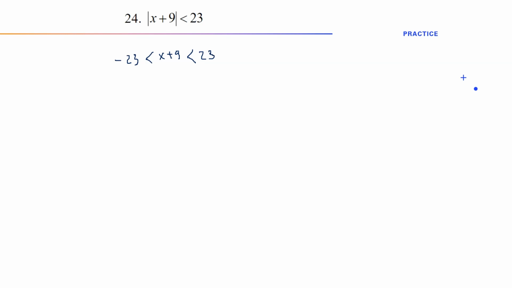So we will solve this one by subtracting 9 on all sides. So we will have -32 less than x less than 14.